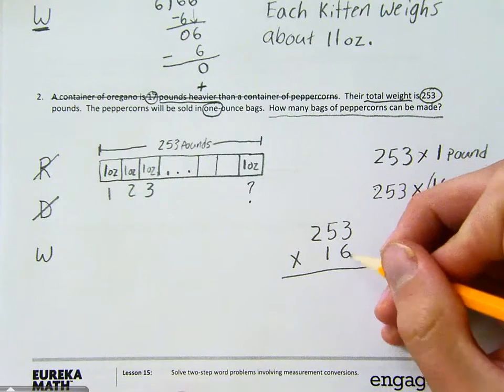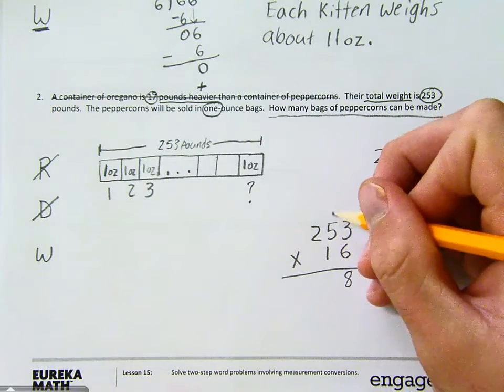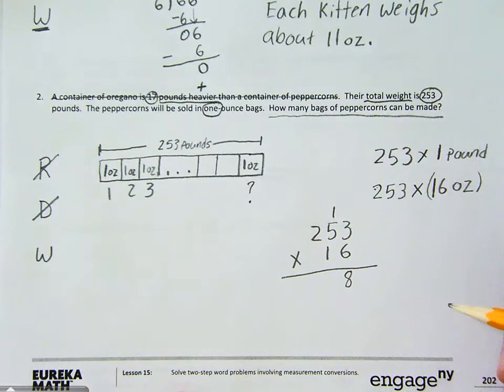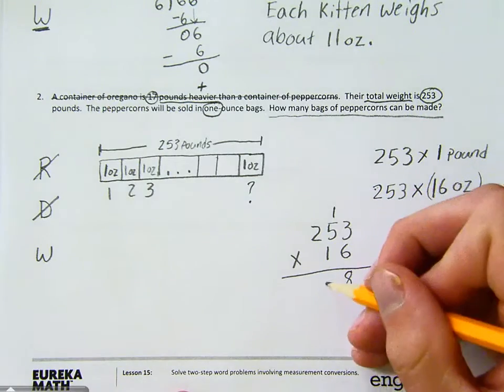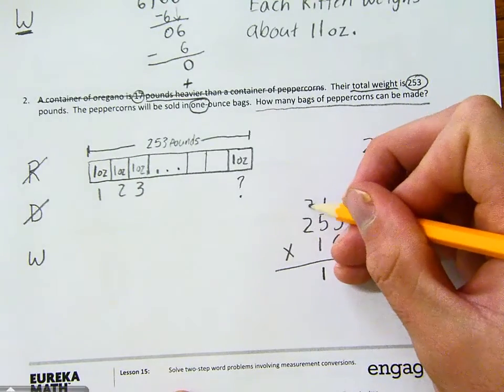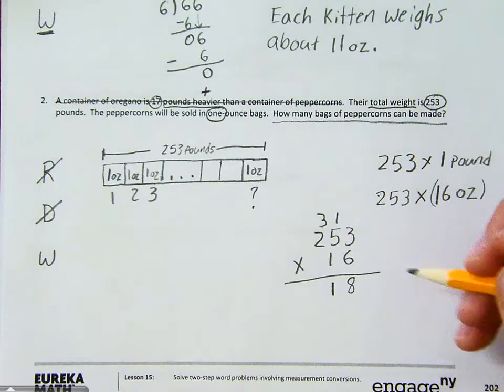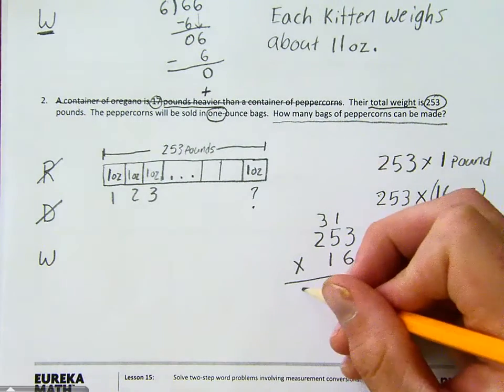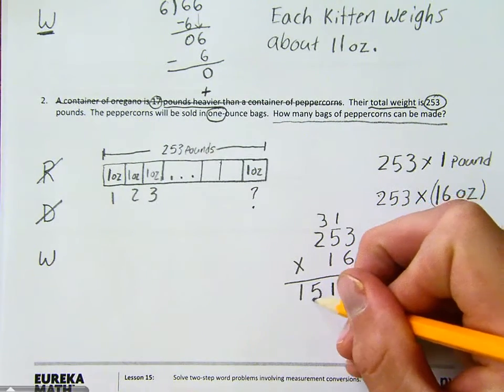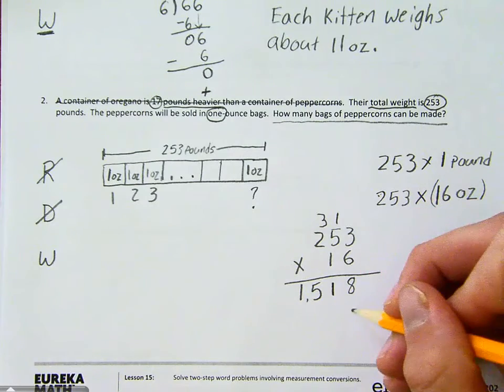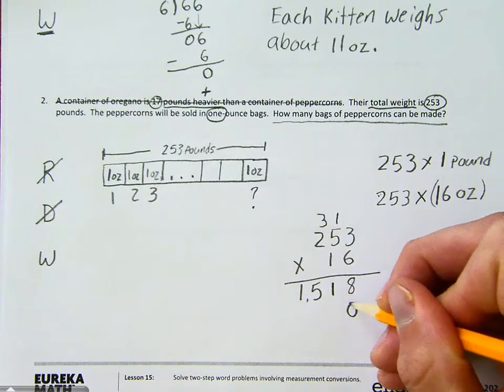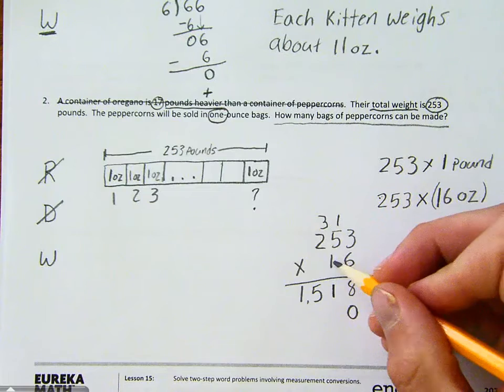All right, 3 times 6 is 18. 5 times 6 is 30, plus 1 is 31. 2 times 6 is 12, plus 3 is 15. Then I need to put my 0 in for a placeholder, because I'm not multiplying this by 1.